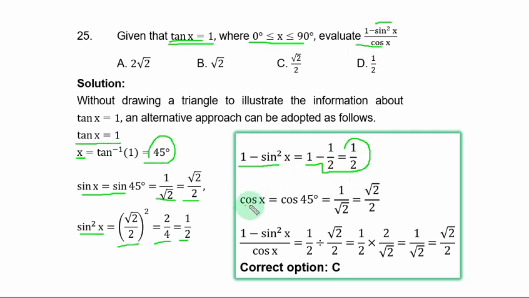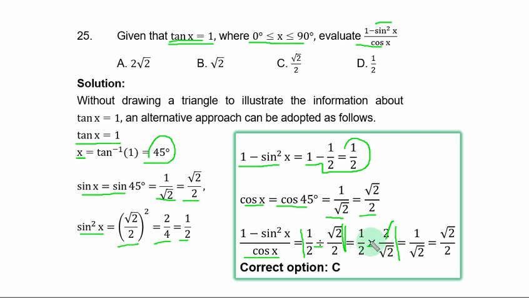We get cos s to be cos 45 degrees. That is 1 over root 2. When rationalized, you have root 2 over 2. This is the whole expression. The numerator is this, divided by the denominator this. The division sign changes to multiplication. You have to invert this fraction to this form.